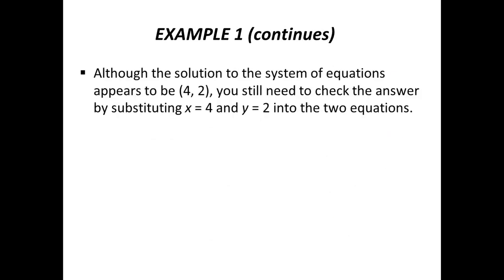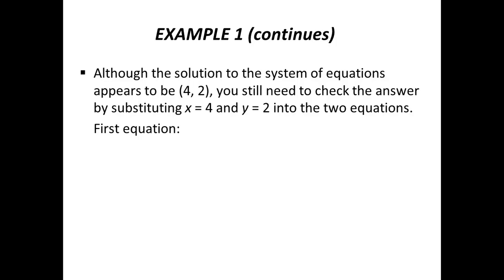Example 1 continued. Although the solution to the system of equations appears to be (4, 2), you should check x equals 4 and y equals 2 by substituting them into both equations and making sure that it produces a true statement for both of them.